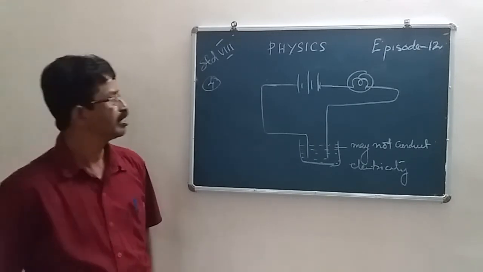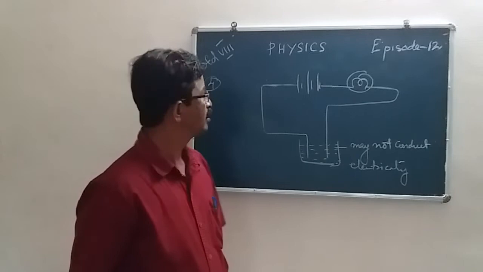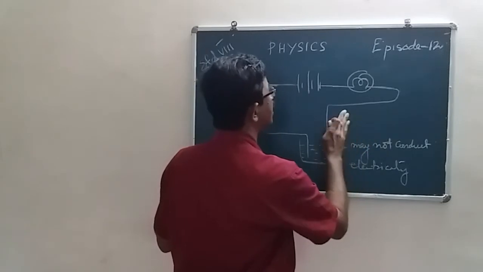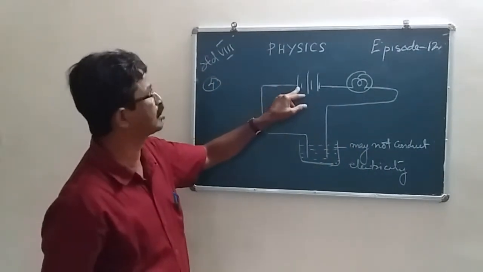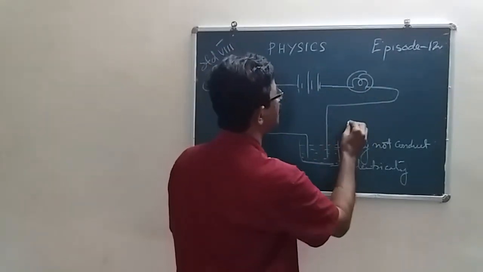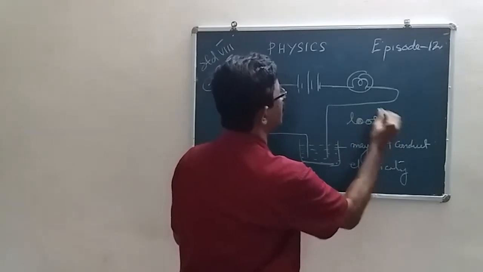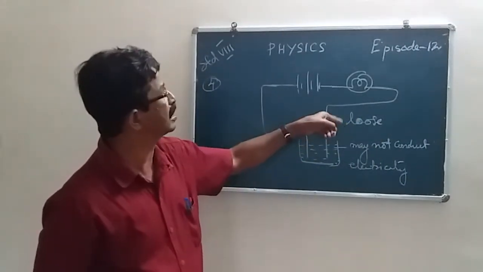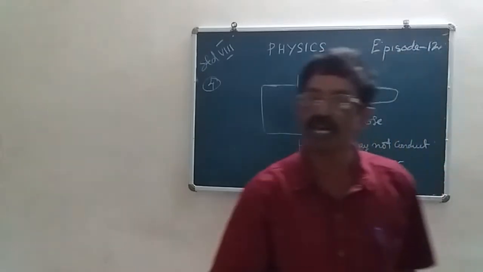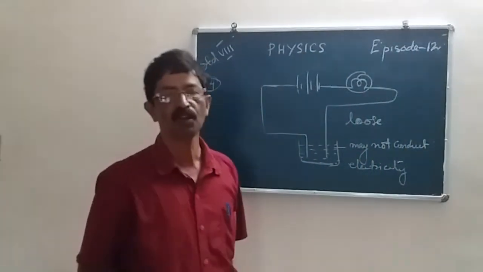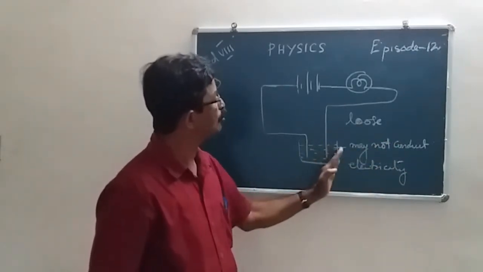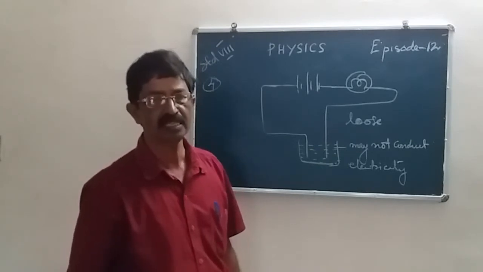Another reason is that the connections made here, from the battery to the bulb, are not tight. That means connections here may be loose. If there is any loose connection, we want to correct it. That may also be a reason for the bulb not glowing. First reason, this solution may not conduct electricity.